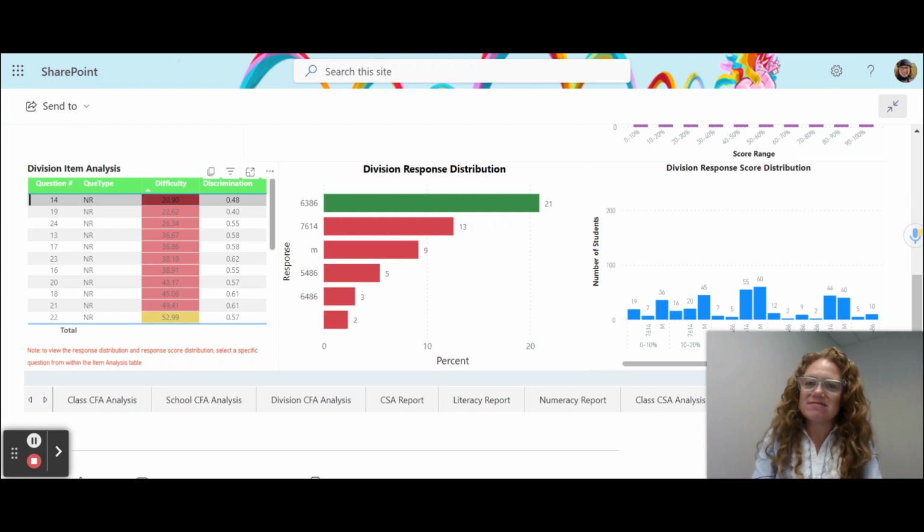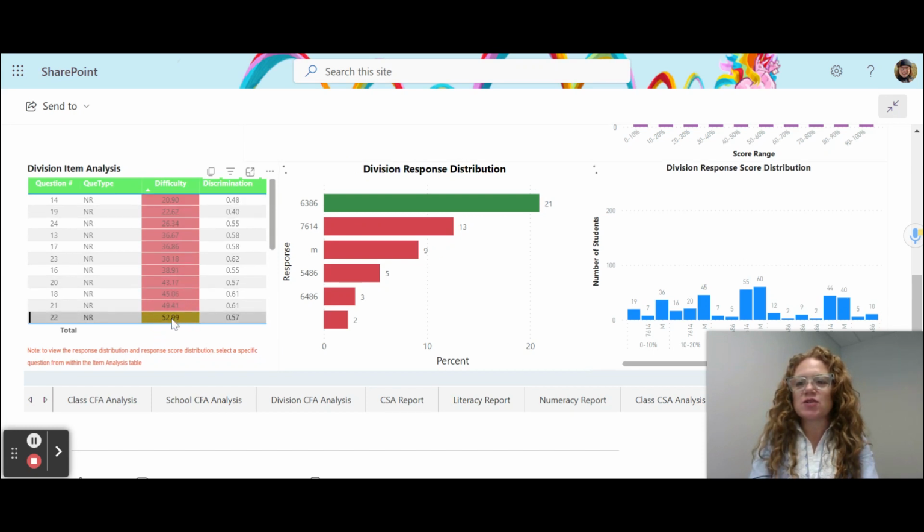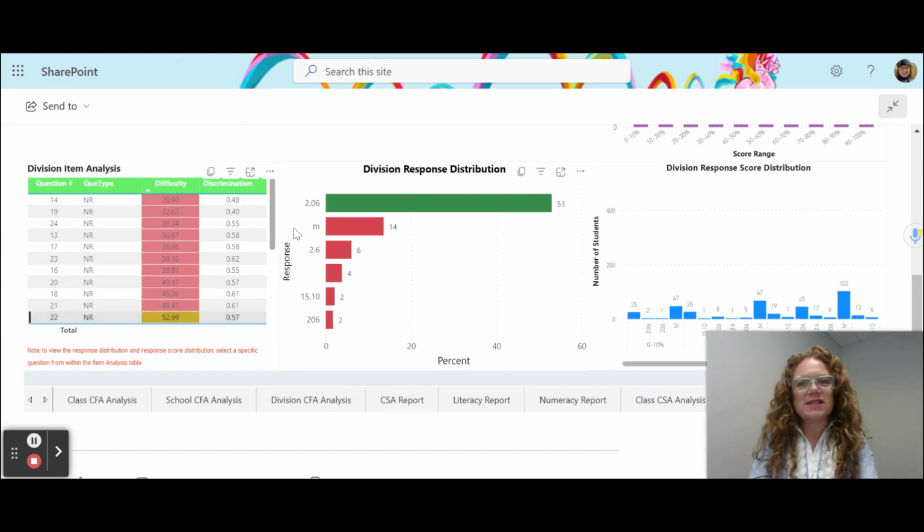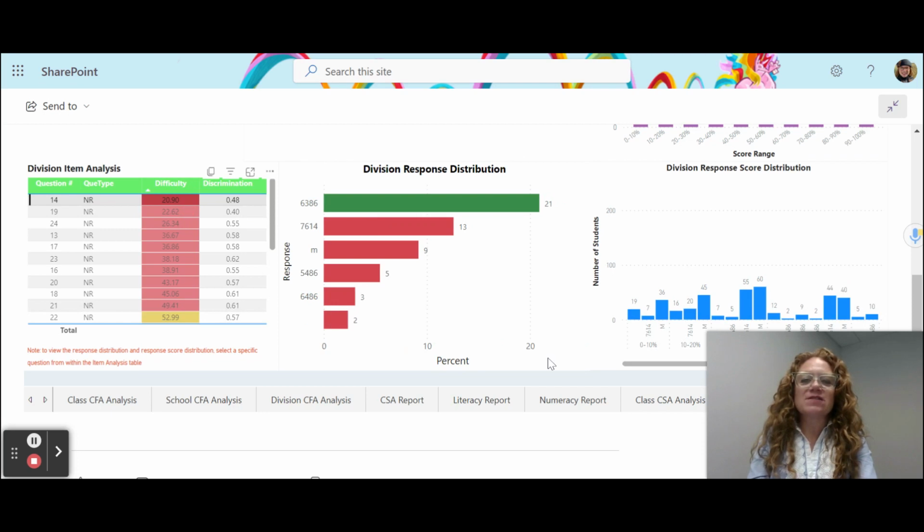In fact, we kind of did terribly there. If I click on that, you'll notice that the next table changed. If I look at question 22, you'll notice that the division response distribution changed again. This shows the divisional response distribution for the particular question that has been selected.